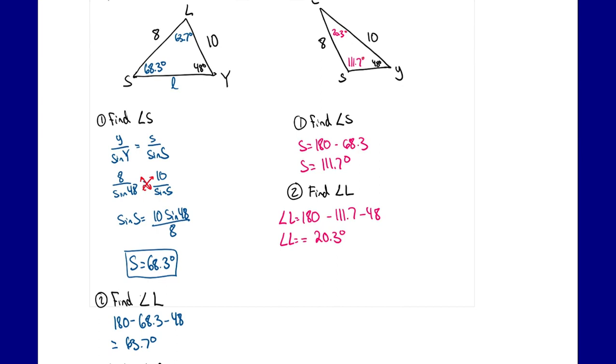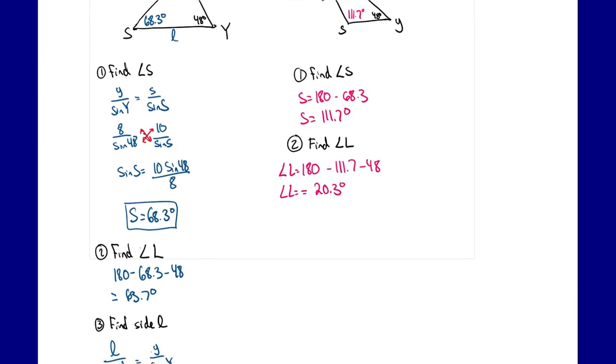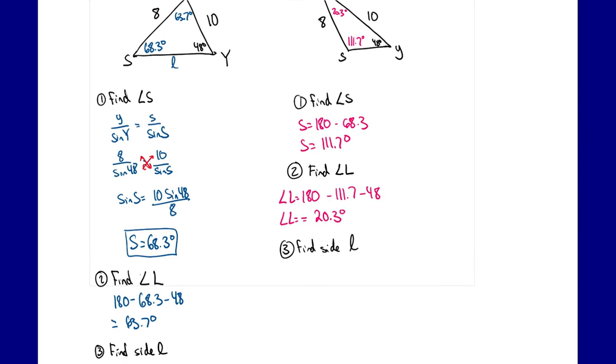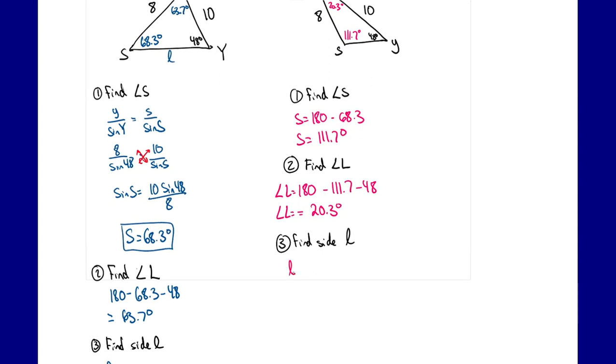I can now use the sine law, similar to what we just did in the last one, to find side L. So again, I'm going to use the side that's given to me, and I'm looking for L. So L over sine L is equal to y over sine Y. L we don't know.